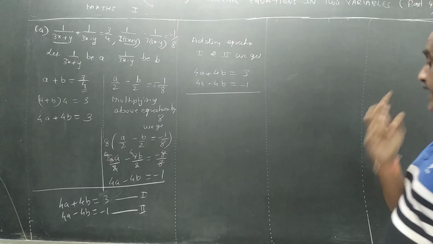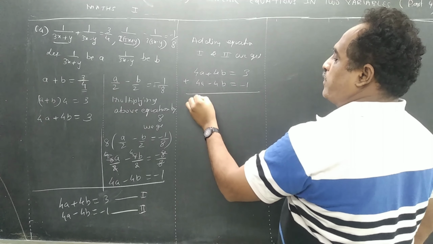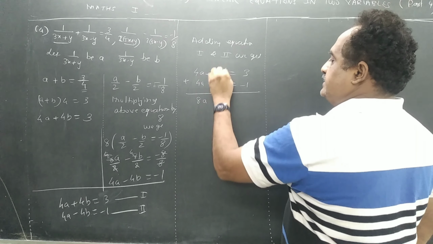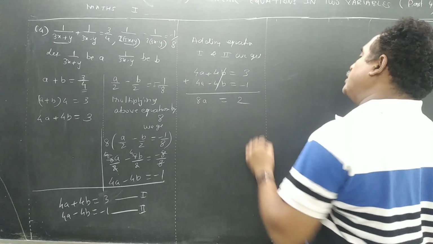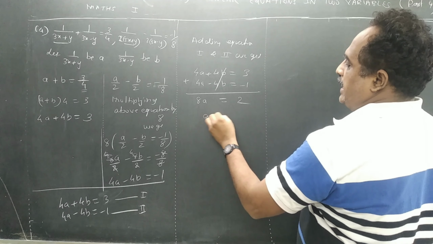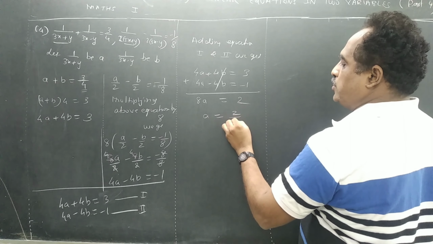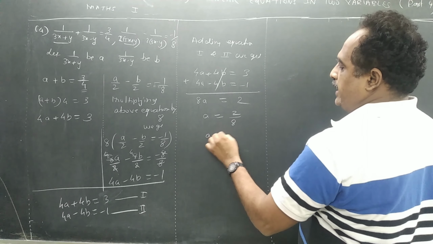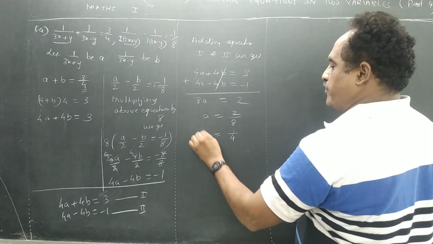When I add, 4 plus 4 is 8A, the B terms get cancelled, is equal to 2, since 3 minus 1 is 2. So A is equal to 2 by 8, or A is equal to 1 upon 4.